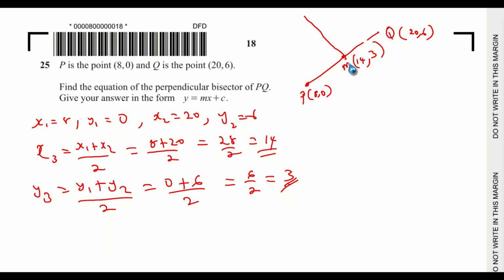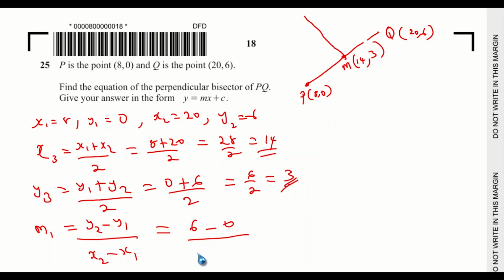Okay, so we need to find the gradient of PQ. So let's say m1, that's the gradient, it will be y2 minus y1 over x2 minus x1. This is equal to, the value of y2 is 6 minus 0 over x2, which is 20 minus x1, which is 8.